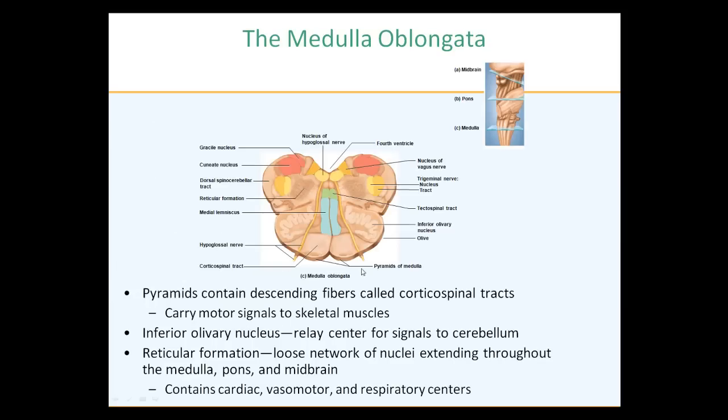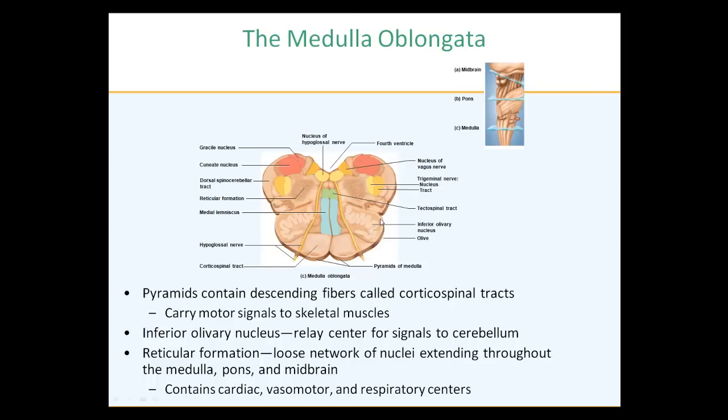So it will contain both ascending and descending fibers, and in addition to that, we're going to have some centers within the medulla oblongata. We will have the olivary nucleus, and the olivary nucleus looks like an olive. That's why we call it the olivary nucleus. Here is one of them.